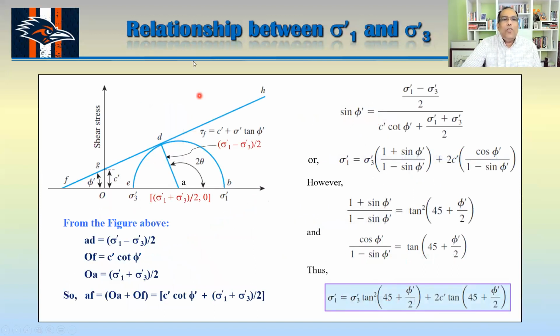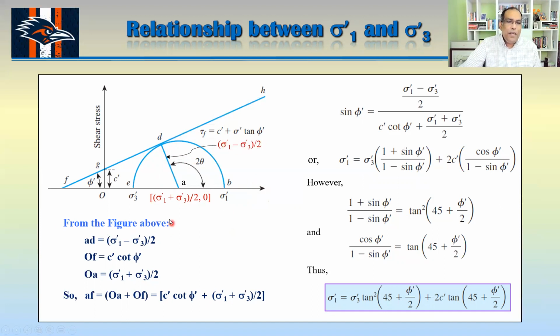Now let's try to find out the relationship between sigma 1 and sigma 3. Sigma 3 is the confining stress, sigma 1 is the stress that's coming from the top. Now you can see from that figure that this is your center, which is sigma 1 plus sigma 3 by 2, 0. And this is your radius here, sigma 1 minus sigma 3 by 2.